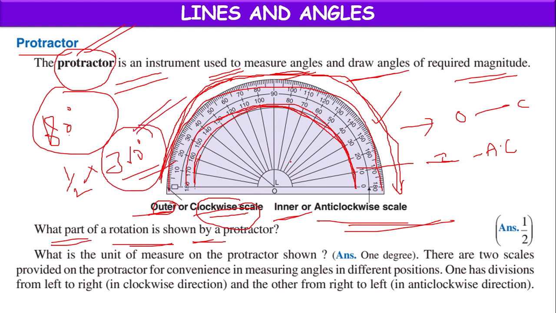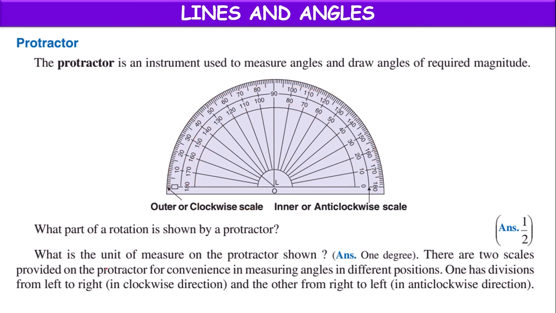So the protractor is equal to half of the complete rotation, which is equal to 1 by 2 of rotation. So the unit of measure shown on the protractor, the protractor is calibrated in degrees. The measurement shown on protractor is degrees.